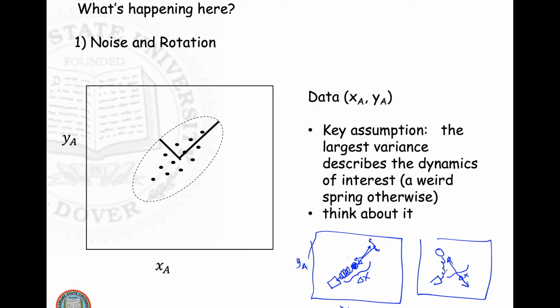That's a really weird spring. You displace it delta x, and it displaces delta x going side to side, and a very small amount going forward and backwards. That'd be a really strange spring.